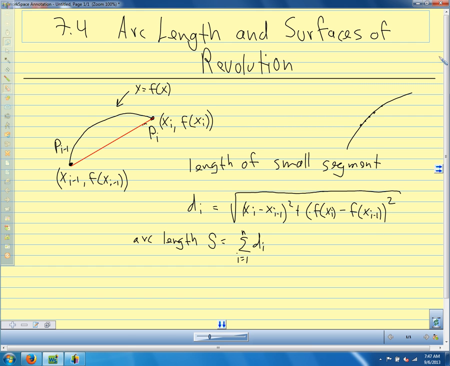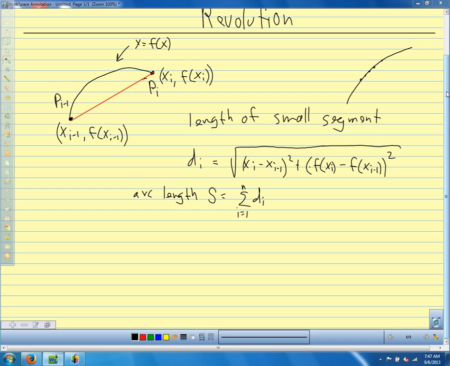All right, so now we're going to go way back in time to close to the beginning of Calculus 1. And we're going to say on the interval x sub i minus 1, x sub i, we're assuming that we're working with a continuous function, so our curve is smooth.